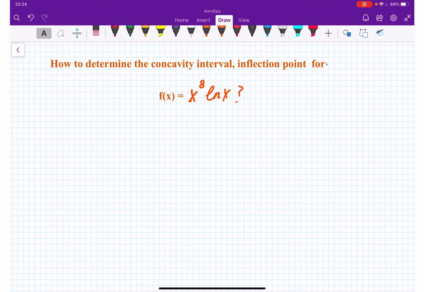If the second derivative is positive, greater than 0, around a point x0, then we have concavity up.